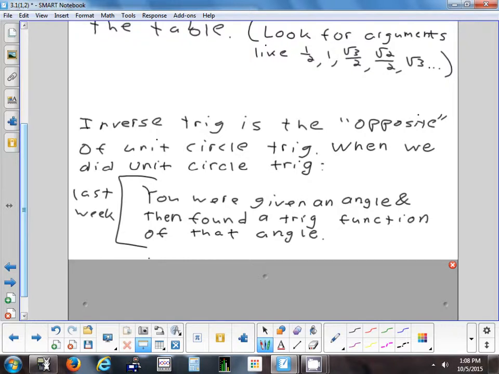I gave you an angle, like 30 degrees, and I asked you to find a trig function of 30 degrees. I could have asked you for sine, cosine, any of them. So, just as an example, sine of 30 degrees equals what? And you gave me that. That's unit circle trig, what we did last week.